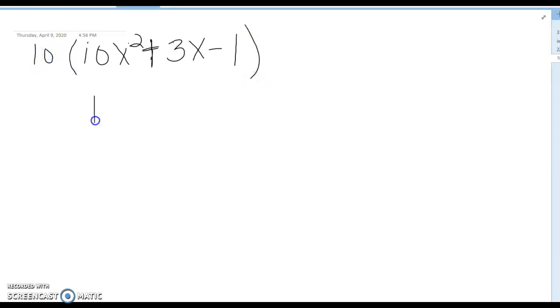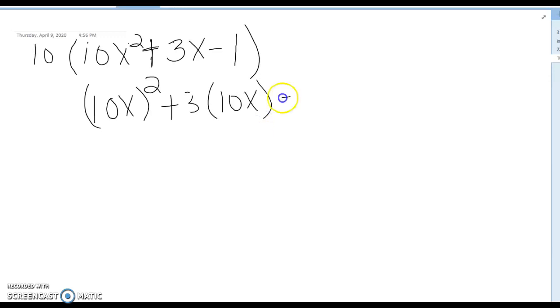So I end up with 10x, and the whole thing is squared. And then I have 3x times 10, and I'm going to write it this way, 3 times 10x, because with multiplication it doesn't matter what order it's in, and then 10 times negative 1, which is negative 10.